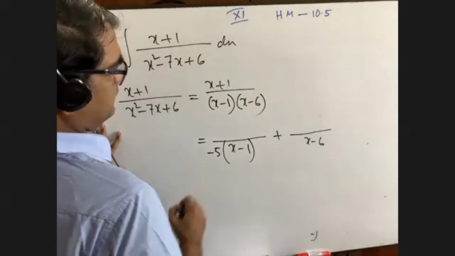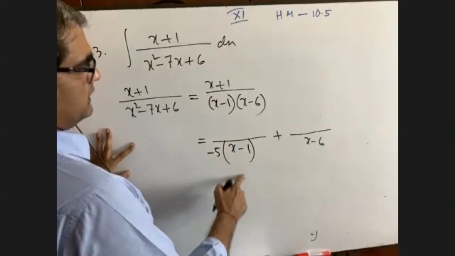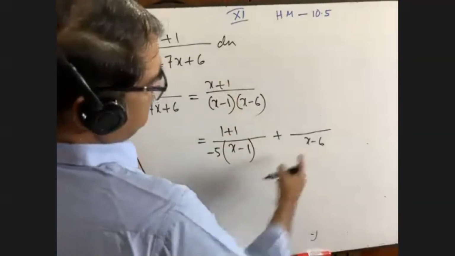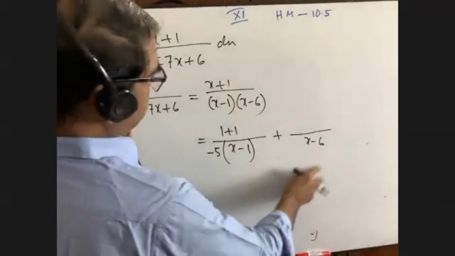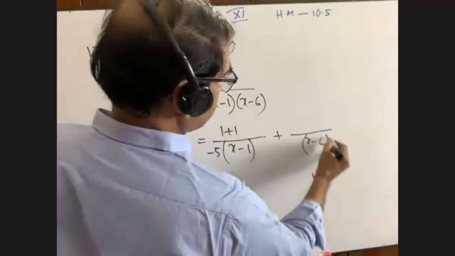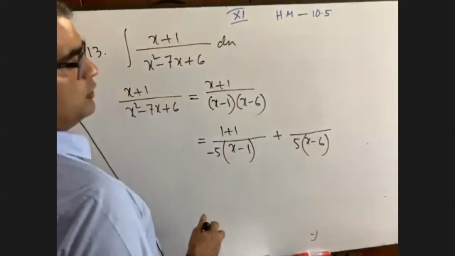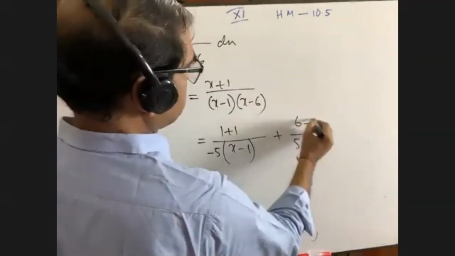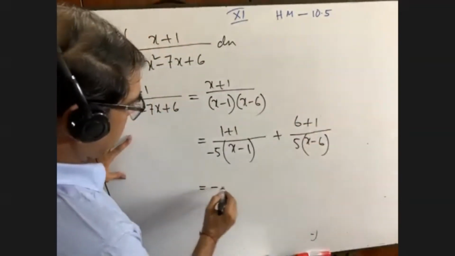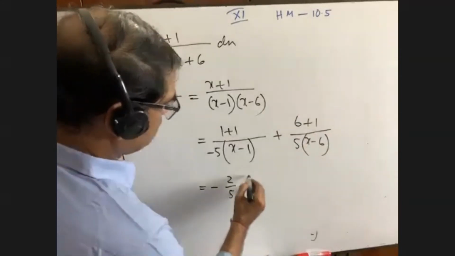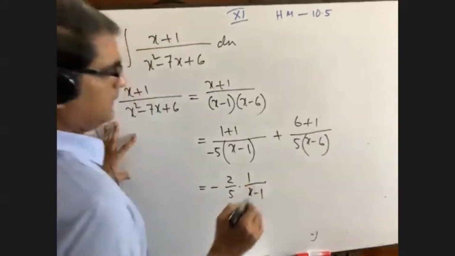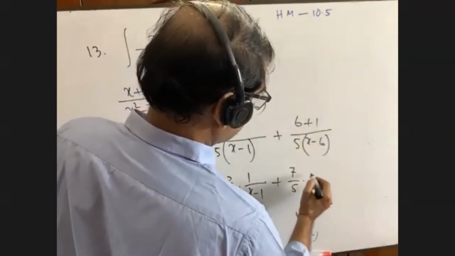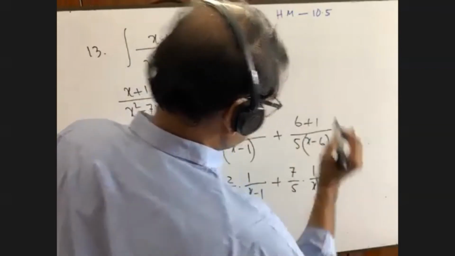We are getting minus 2 by 5. Then x equals 6, so 6 minus 1 is 5 and 6 plus 1 is 7. That means we are getting minus 2 by 5 into 1 by x minus 1 plus 7 by 5 into 1 by x minus 6.